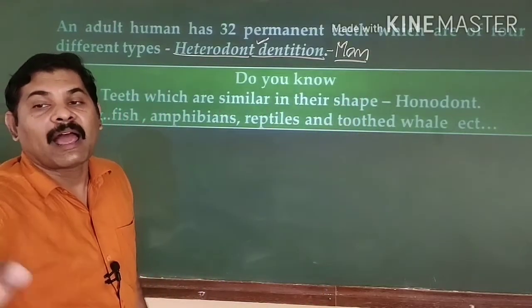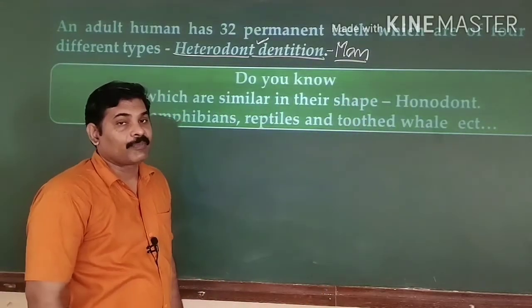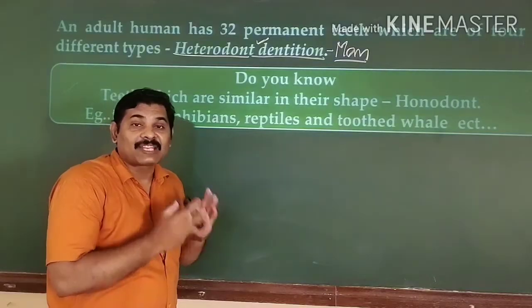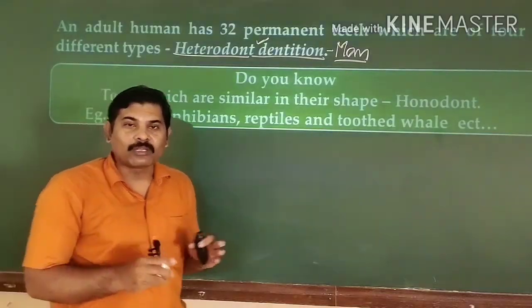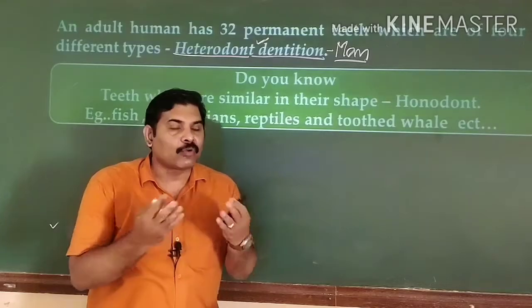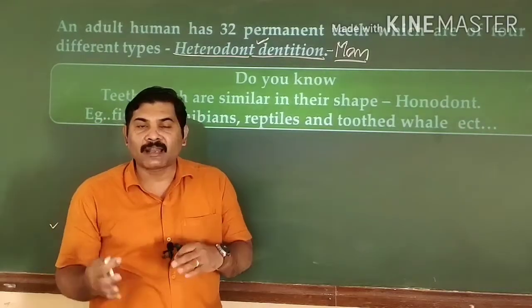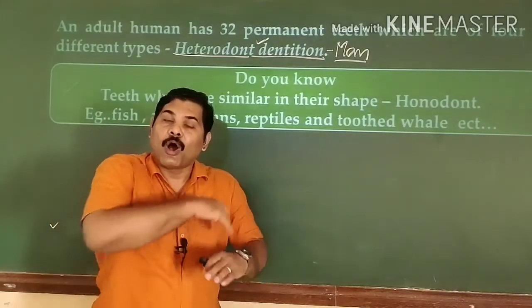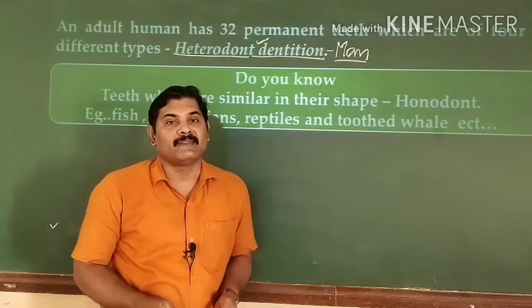We all have 4 different types of teeth. Whereas some animals have similarly shaped teeth. There is no discrimination of incisors, canines, premolars, molars. All the teeth are similar in their shape.